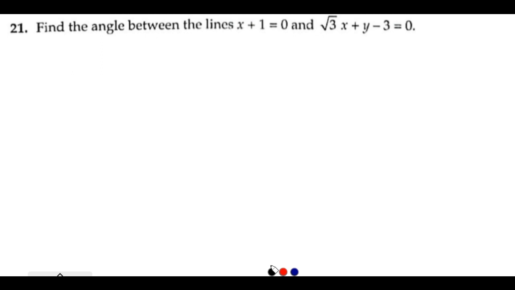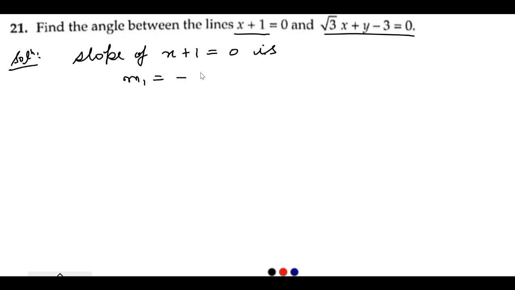Question number 21. Find the angle between the lines this and this. Similar to question number 20. Minus coefficient of x divided by coefficient of y, and 1 upon 0 is not defined. So it is not possible to find the slope of this line.